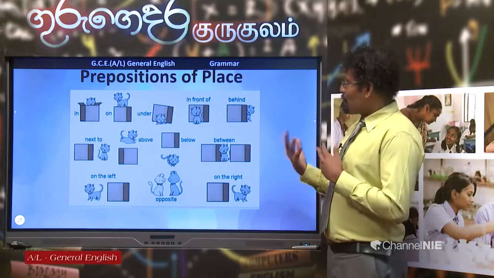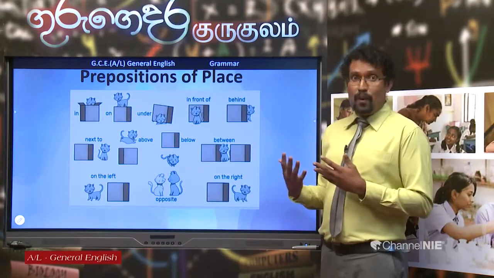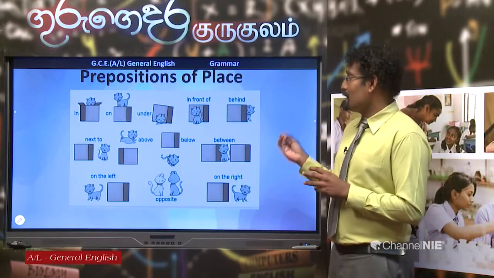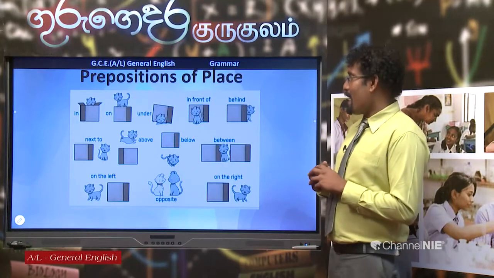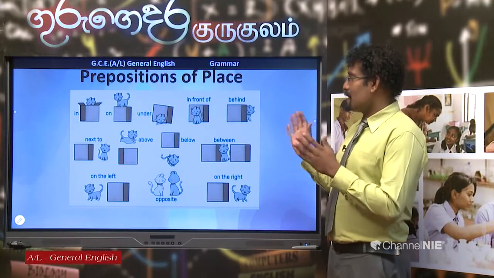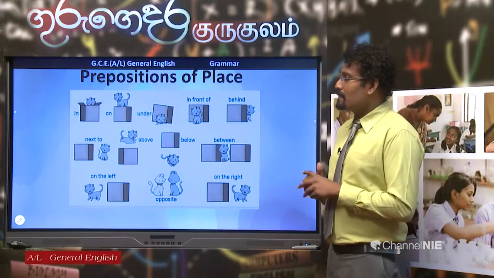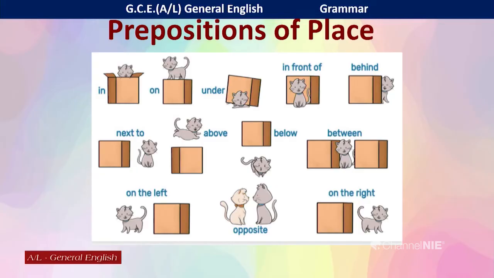Now, we are going to talk about prepositions of place more by looking at this picture. There is a very lovely kitten, and the kitten is in certain places. Let us see. In the first picture you can see the kitten is in the box.